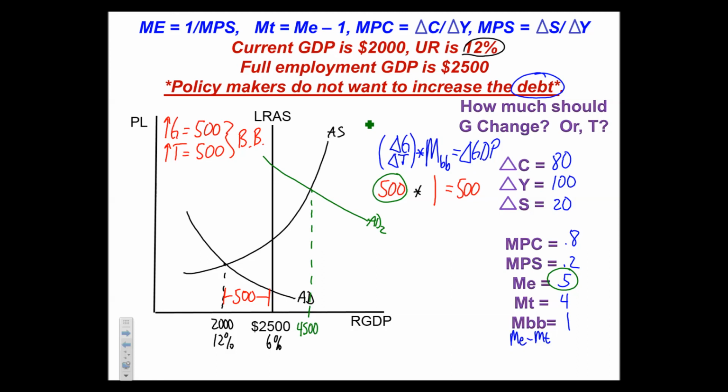Then we're going to take our tax multiplier, because we raised taxes by 500. So 4 times 500 is 2,000. We're going to decrease GDP now by 2,000. And so now we are fixed.